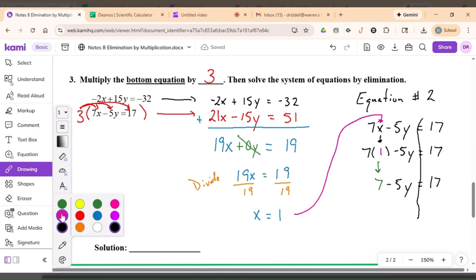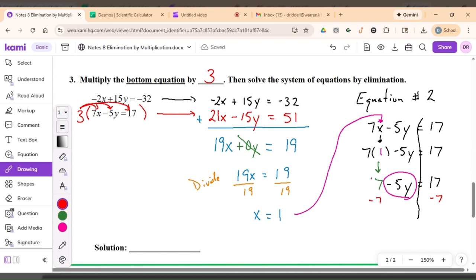And again, just like earlier, you have a number attached to the y right here. So we cancel the number that's not attached, the 7. So we're going to subtract 7 here, subtract 7 here. That's what makes the 7s go away. And we're subtracting 7 because we have a positive 7 right there.